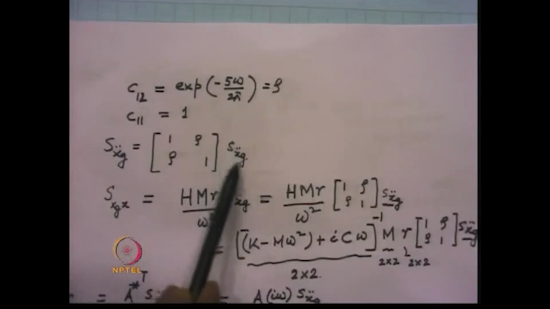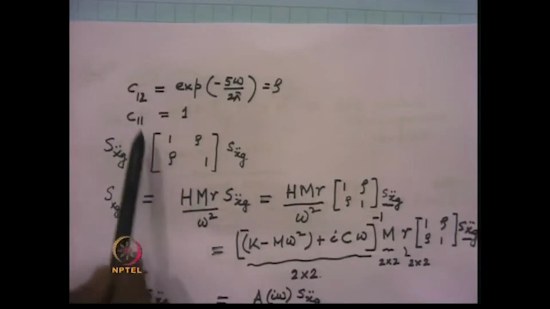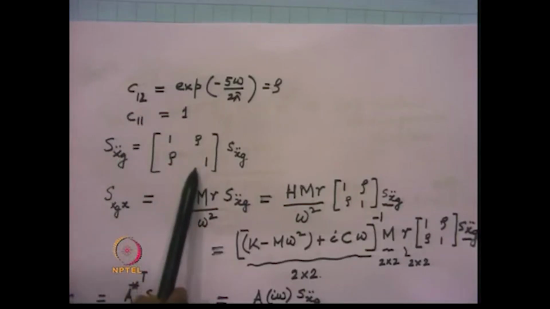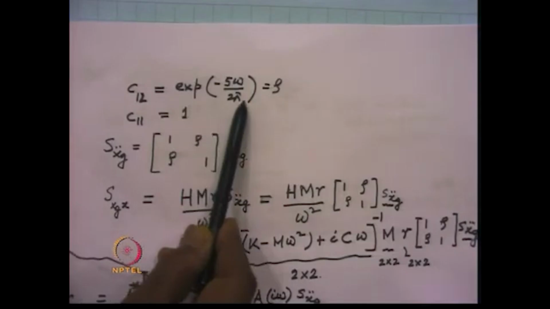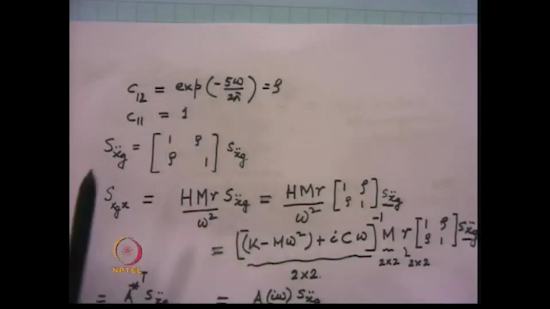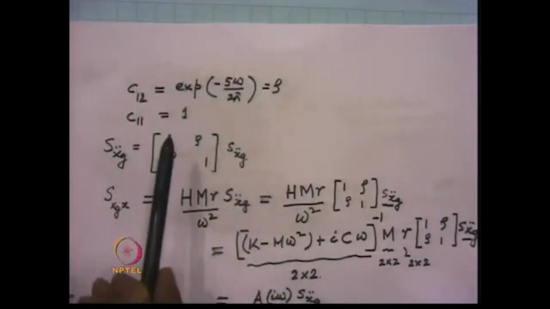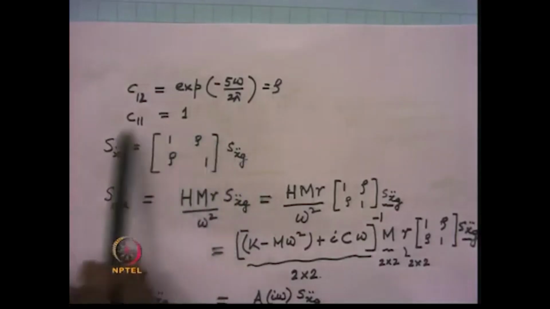Sx double dot G is the El Centro power spectral density function, and the C11, C22 terms will be 1 obviously, and C12 will be rho, where rho is equal to exponential of minus 5 omega by 2 pi. So one can work out this value of C12 for every value of omega.